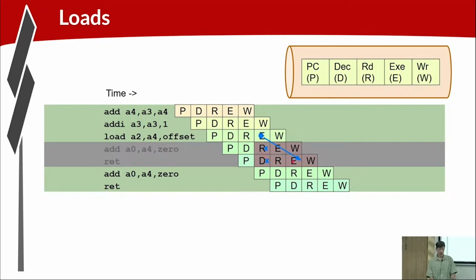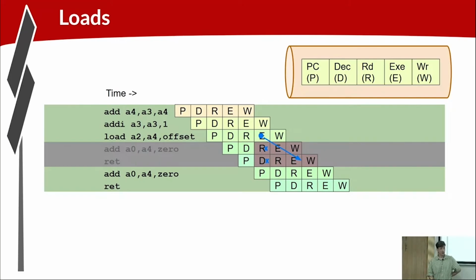So to satisfy this, we need to be able to write the register file when the data comes back 2 cycles after it would normally be available for an ALU operation. So since it's coming back 2 cycles later, we need to be able to write the register file. We can't be doing anything else then.